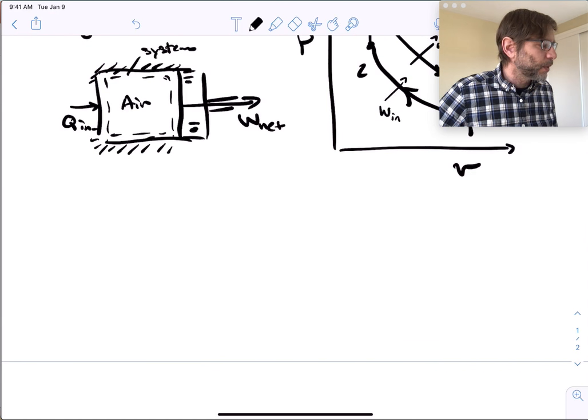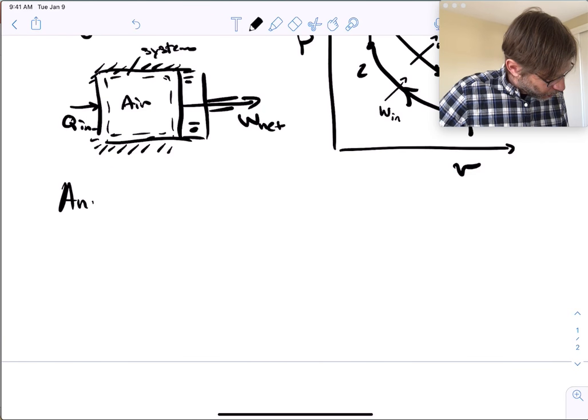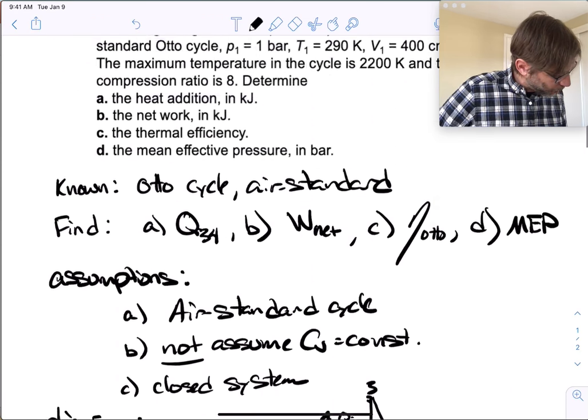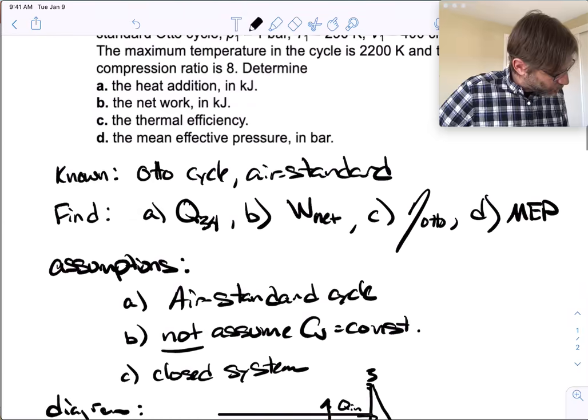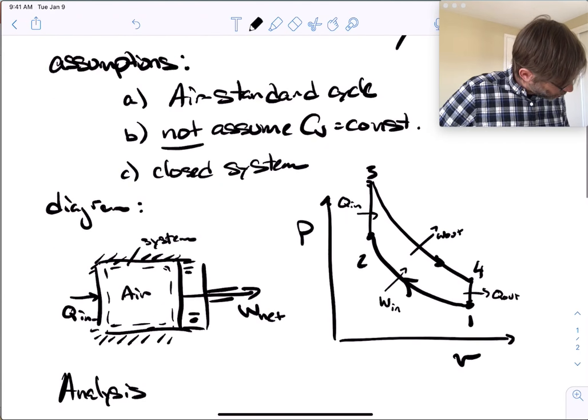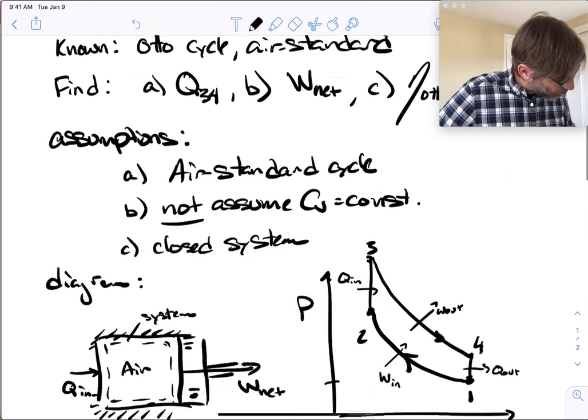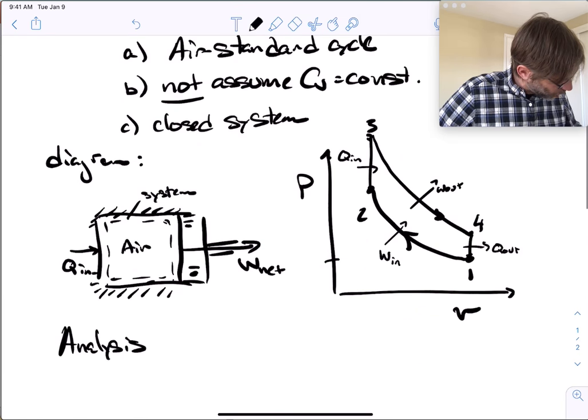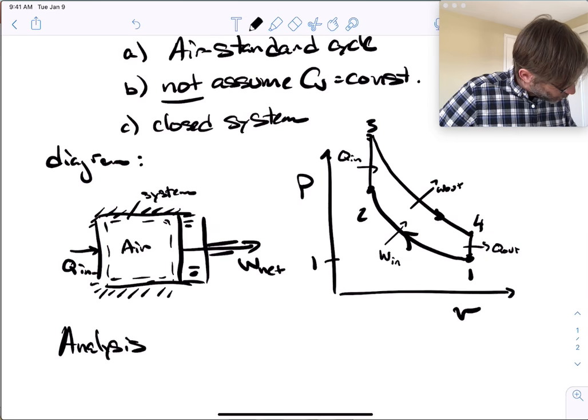All right, so let's do the analysis. We can put our states in here if we want. So P1 equals 1 bar at 290.